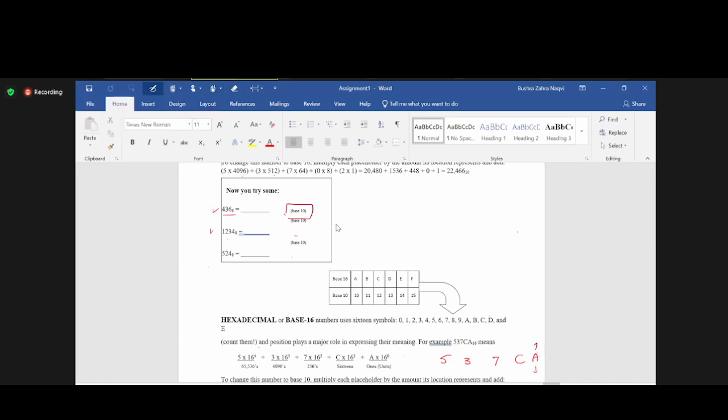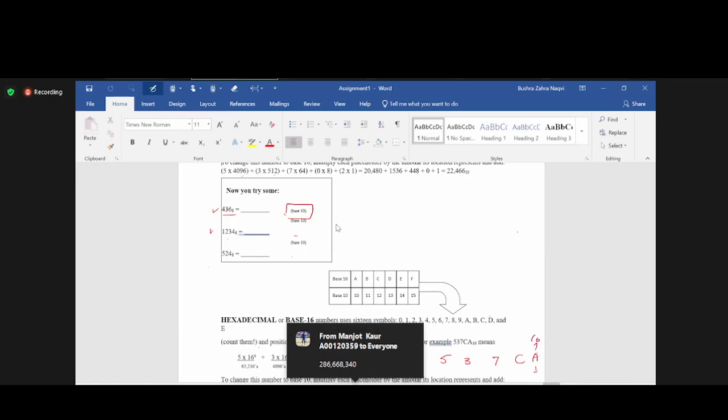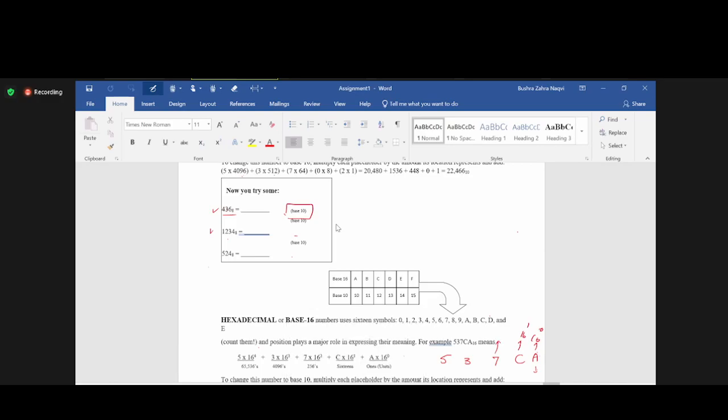write the weight. This is 16 to the power 0, 16 to the power 1. How about this? For 7, what is the weight? 16 to the power 2, 16 to the power 3, and this is 16 to the power 4, right?